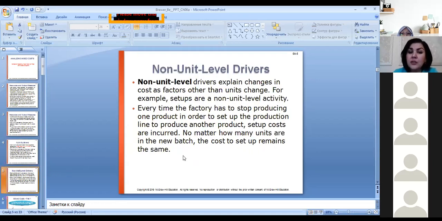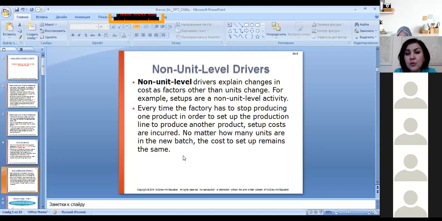Okay, let's look at non-unit level drivers. Non-unit level drivers explain change in cost as factors other than units change. For example, setups are a non-unit level activity. Every time the factory wants to produce any product on the machine, it has to set up that machine, that equipment.